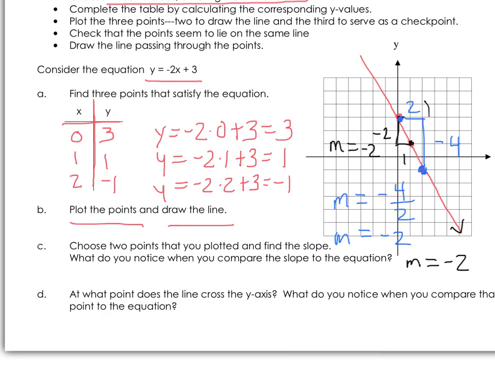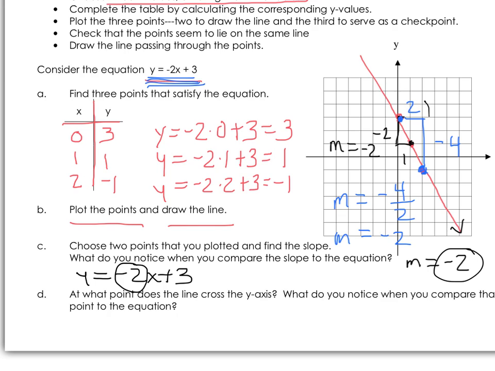We want to compare that slope of negative 2 with the equation, which once again is y equals negative 2x plus 3. Do you notice anything? The slope is negative 2, and there's a negative 2 multiplied times x.